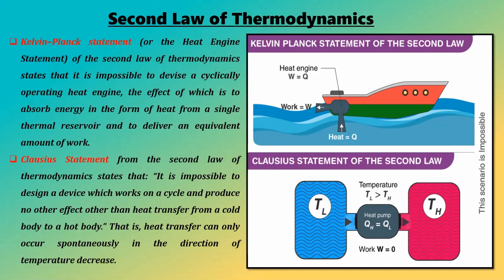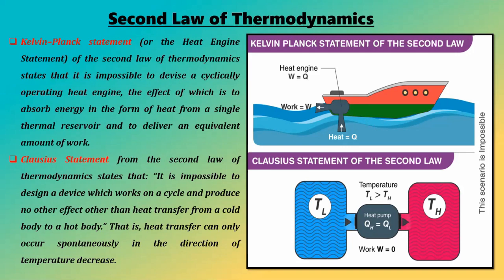So whatever they are saying, linguistically it is a little bit different, but the fact is the same. Okay, now as you can see in the diagram, the top one is the Kelvin-Planck statement. It is clearly saying that for the heat engine W is equal to Q, a similar amount of heat is given from the bottom side, that is heat equals Q, and work is given from the back side, so the ship will move forward. Right, this was the Kelvin-Planck statement.